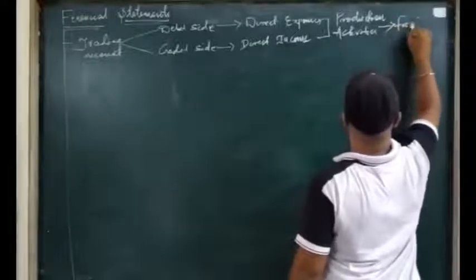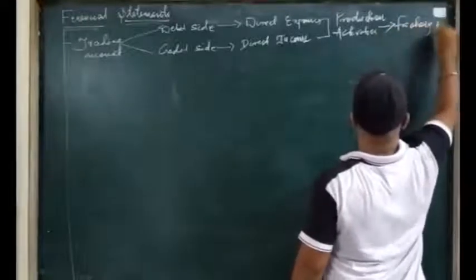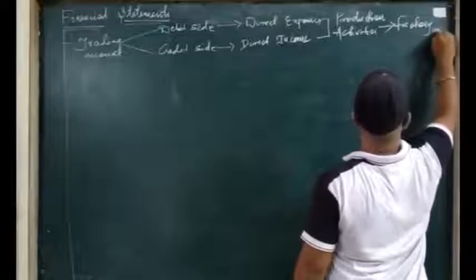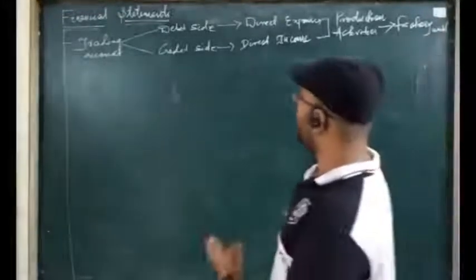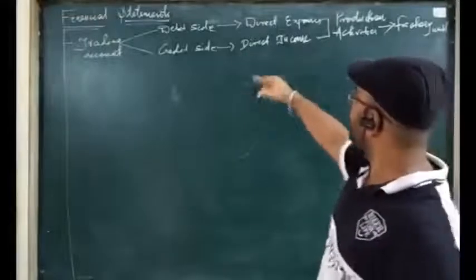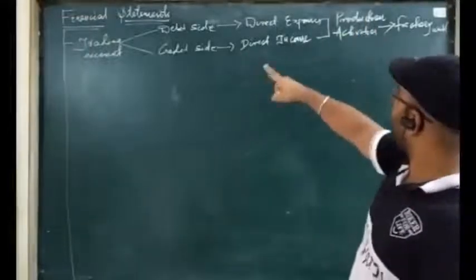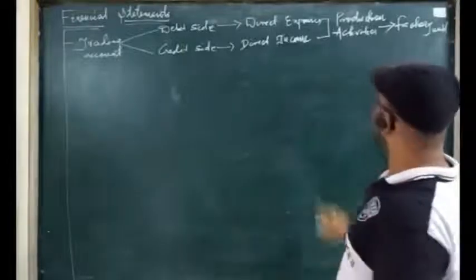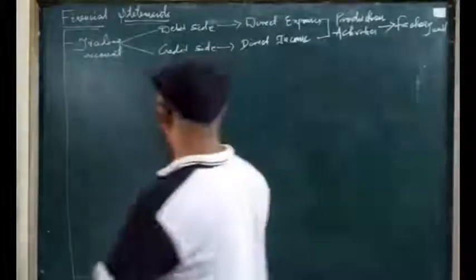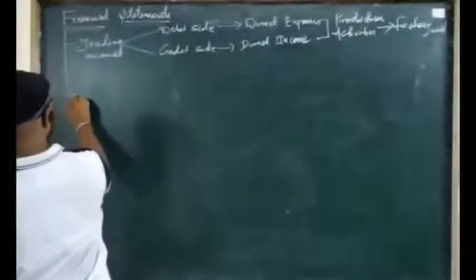In your factory unit. So this is the detail of the trading account: debit side direct expenses, credit side direct income, and it is prepared for production activities, which take place in the factory unit.